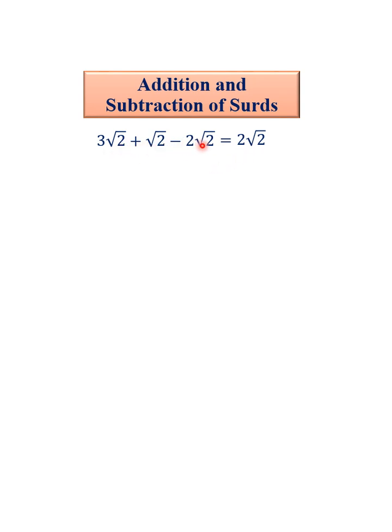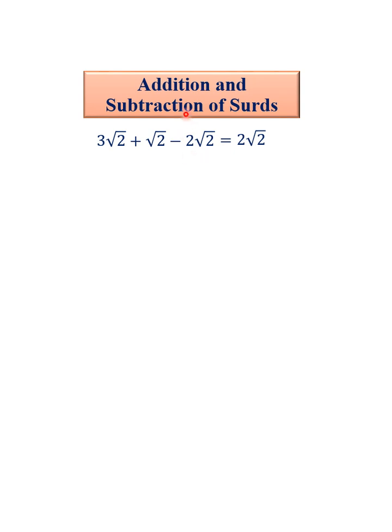These surds are called similar surds because the irrational parts of each of the terms are similar. We have root 2 here, root 2 here, and root 2 here. Because the irrational parts are similar, these are similar surds.